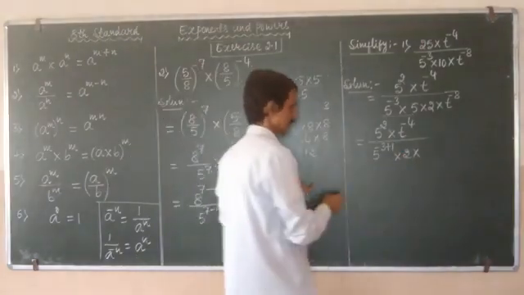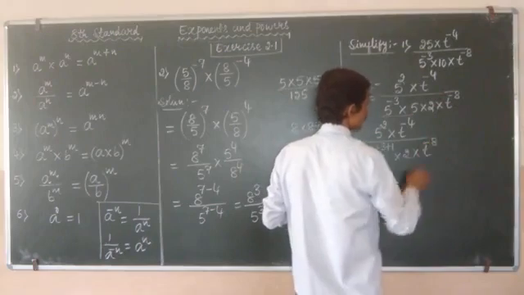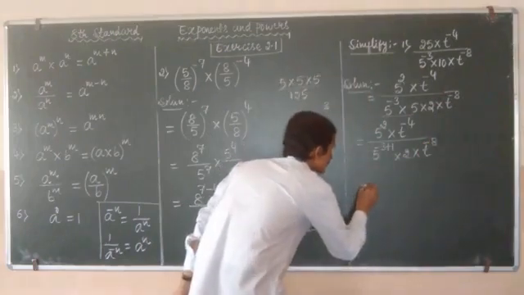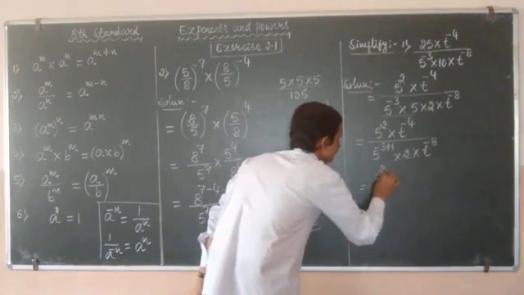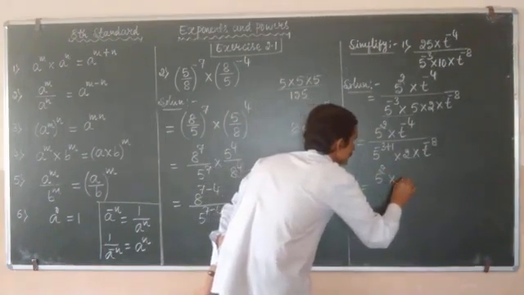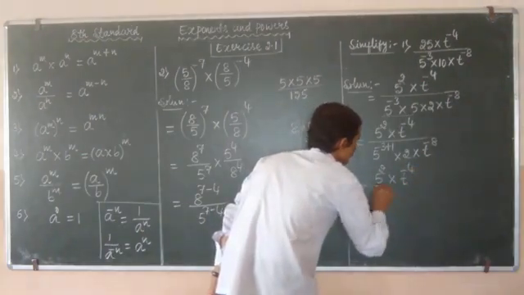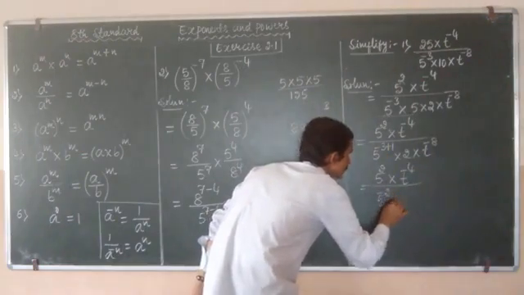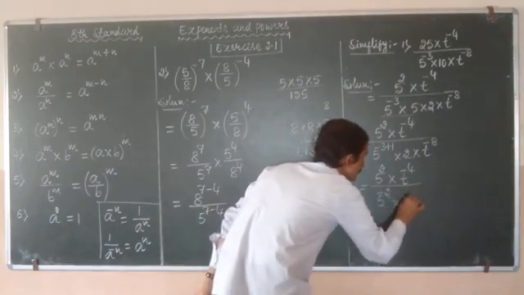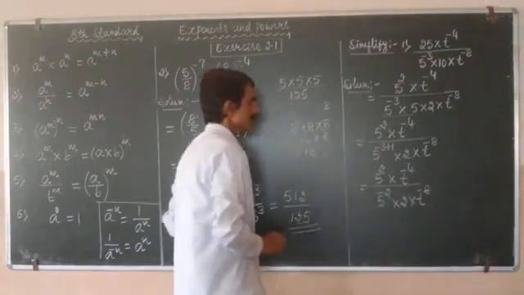Then 2 to the power of minus 8 as it is. Now simplify, 5 square into 2 to the power of minus 4 by this can be written as 5 to the power of minus 2 into 2 to the power of minus 8.